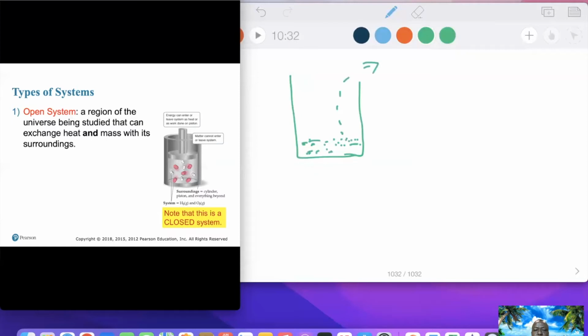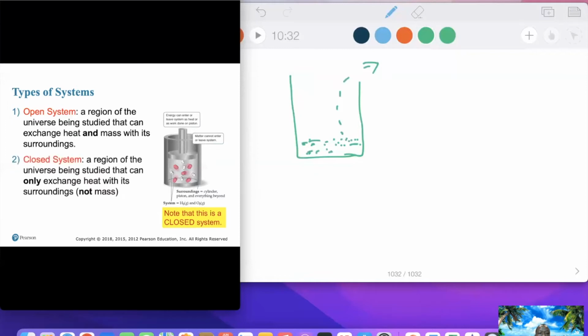Say we have hot water, hot enough that it can evaporate, changing to the gaseous state. Because the container is open, we are losing both heat and mass. We call that an open system.